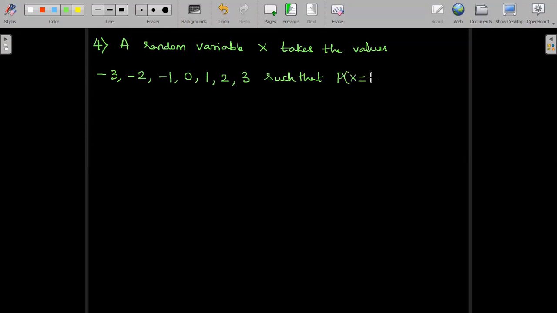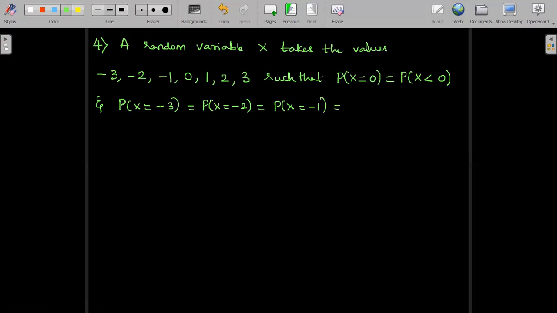probability of X equal to 0 is equal to probability of X less than 0. This is one of the conditions given. And the second condition given is probability of X equal to -3 is equal to probability of X equal to -2, which is probability of X equal to -1.